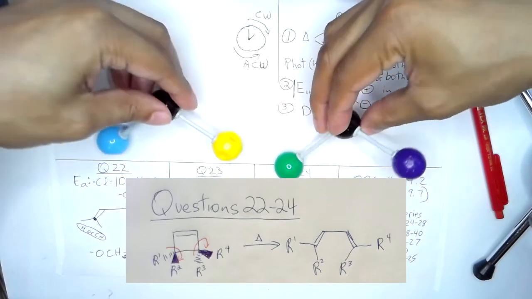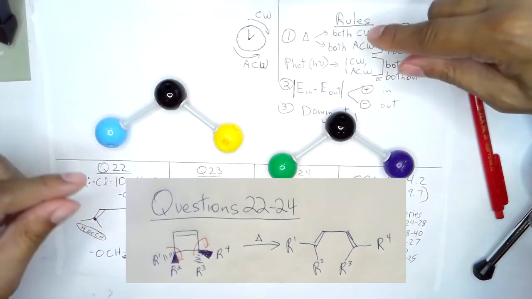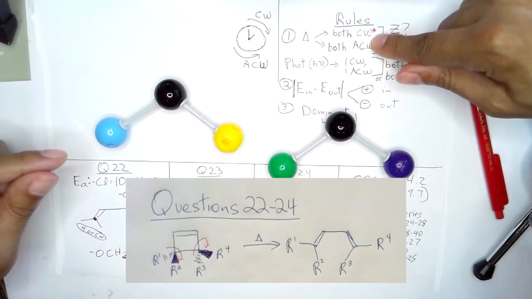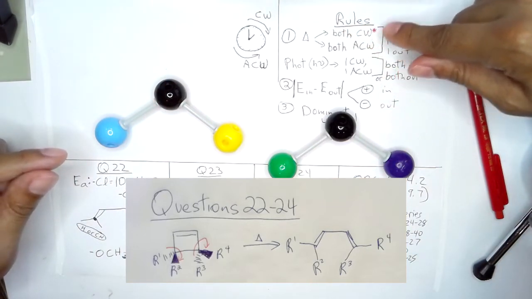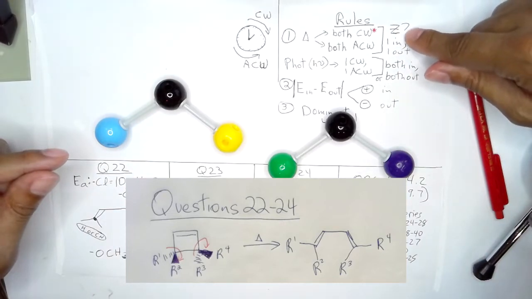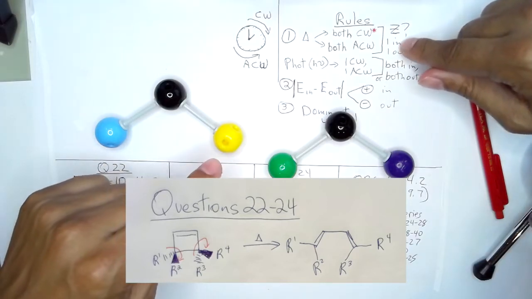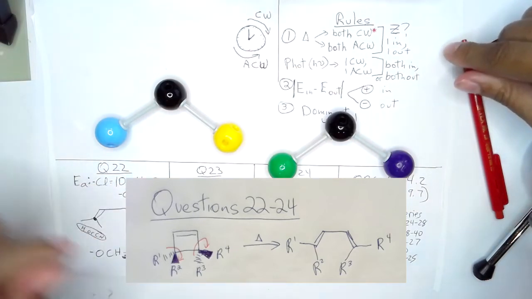So another way of thinking about it is that when both move in the clockwise direction, the top group, for example, the two groups on the same side, the two top groups, one group moved in, yellow, and the other group moved out, purple.